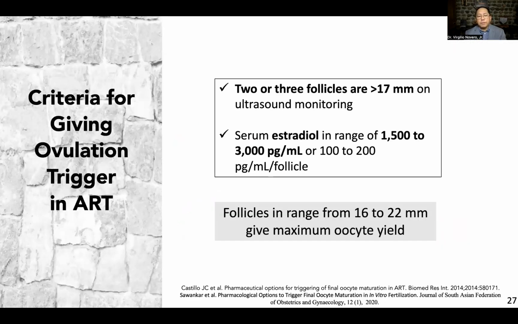The criteria for giving ovulation trigger in ART is based on known parameters: 2 to 3 follicles over 17 mm, estradiol range between 1,500 to 3,000 picograms, and these are already well documented.